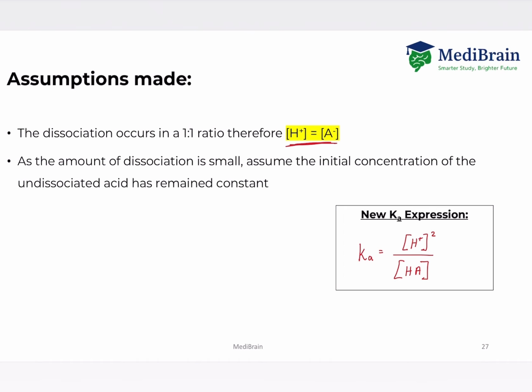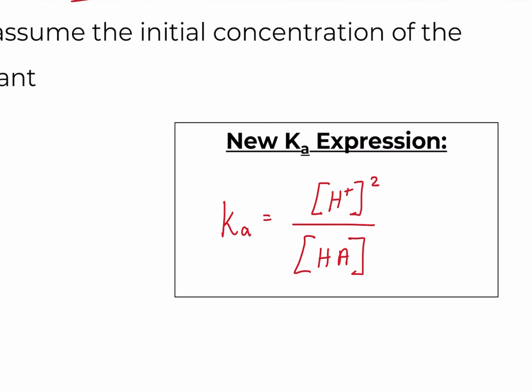We've got H plus concentration is the same as the A minus concentration. Therefore, because both of them are the same, we can just simplify it. Instead of having H plus and then A minus, because we know both of them are the same, we can just literally combine them together and square them. And if we square root whatever answer that we get, we would get the individual concentrations, which would be the same for both H plus and A minus.